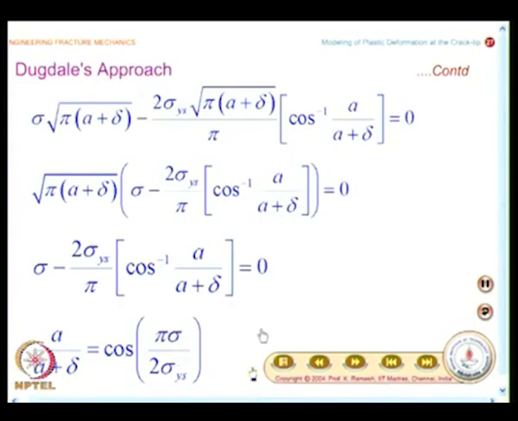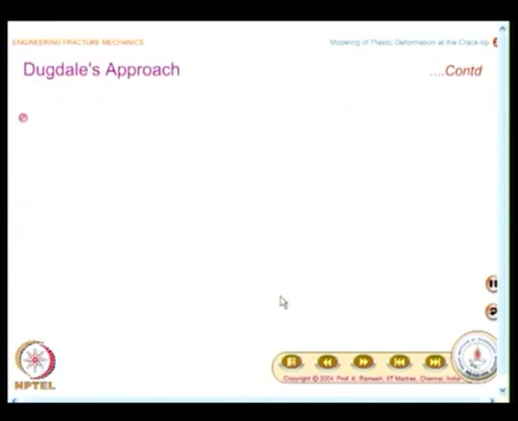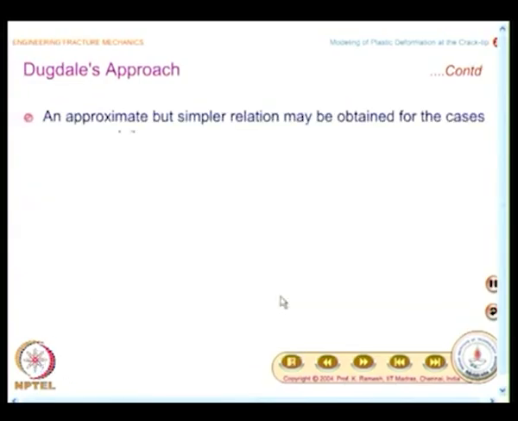So, I can invoke this kind of simplification by saying sigma is far below sigma ys, and also make another observation that the extension of plastic zone is much smaller compared to the crack length. These are very important. Only when you make approximations like this we would be able to simplify and proceed further.